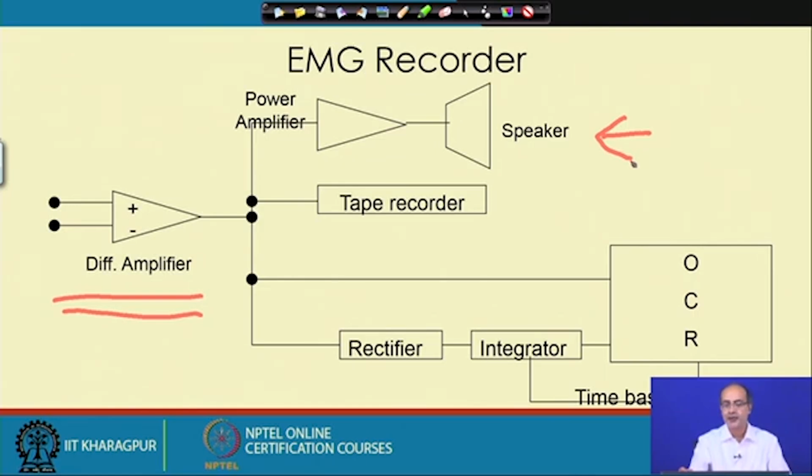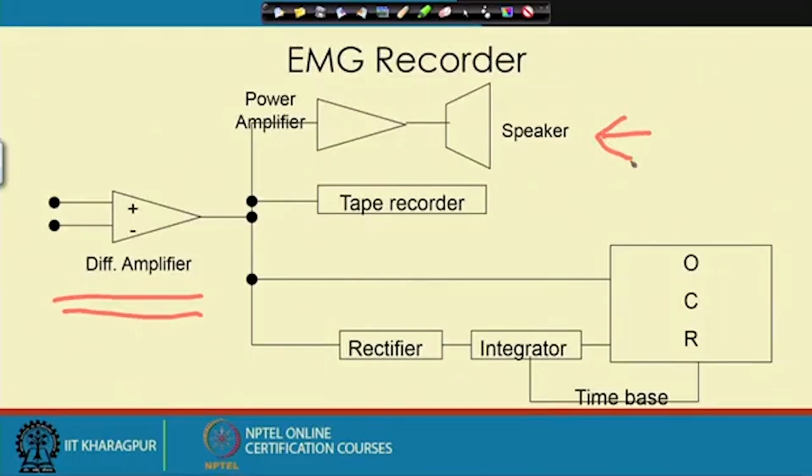If muscle activity takes place, for example, the person is lifting a weight, there would be muscle contraction, and we have connected the electrodes on those muscles, and that is fed to the speaker using different sets of amplifiers.